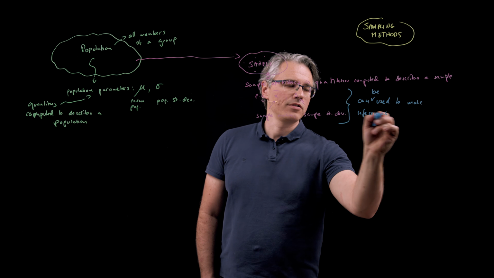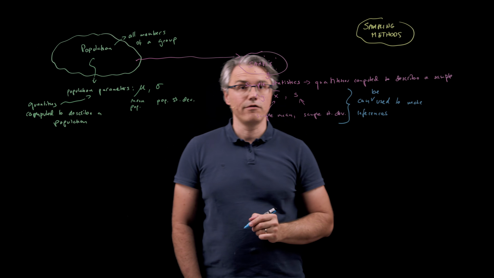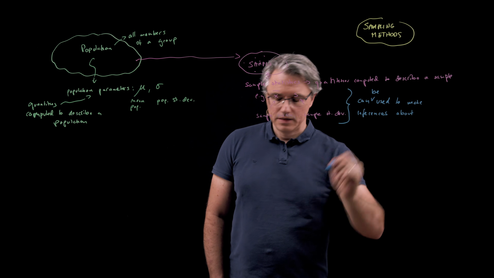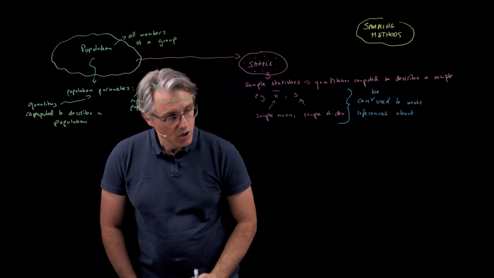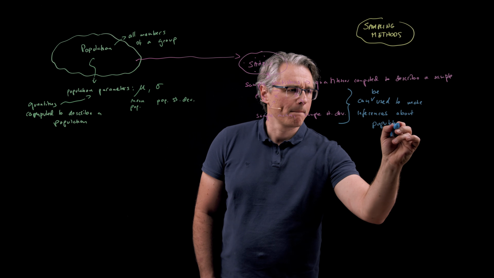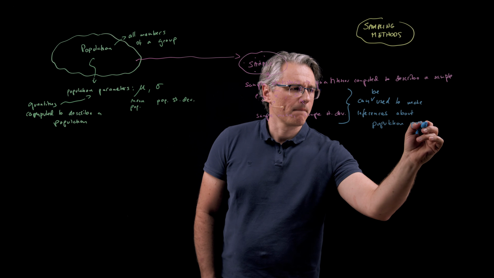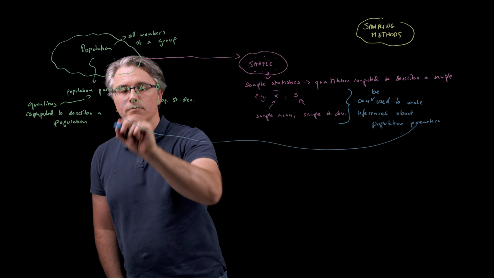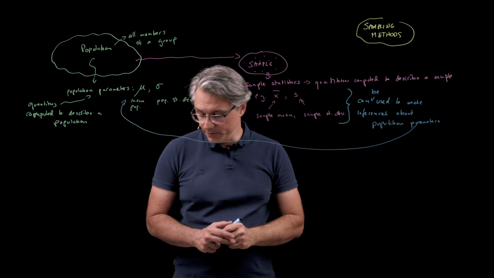This is a branch of statistics known as inferential statistics, about the population parameters. So basically these things which remain unknown.